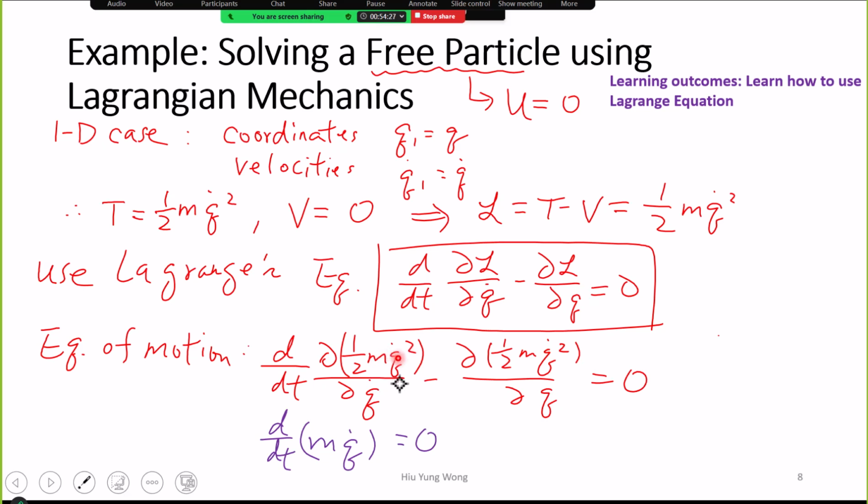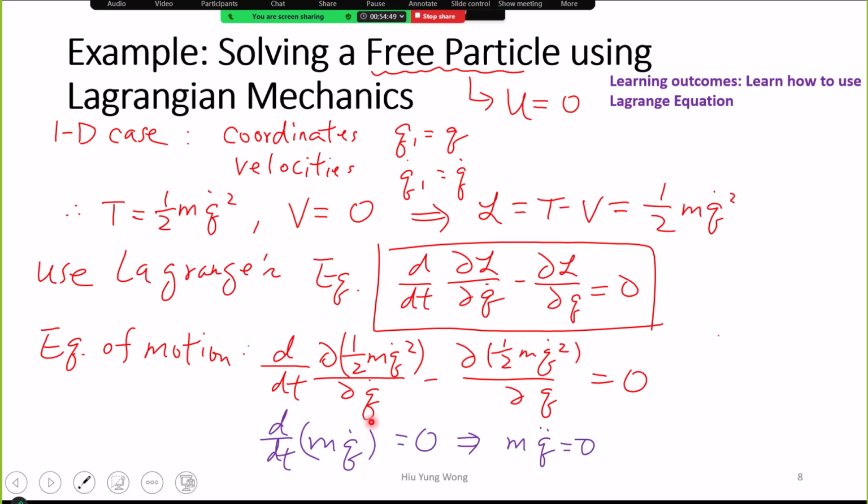Because this is just q dot squared, so you take partial q dot, then you get 2 q dot, so it becomes m q dot. But you need to further take d dt of the whole thing, right? If you don't know, remember this is just equal to m q double dot, equal to 0.